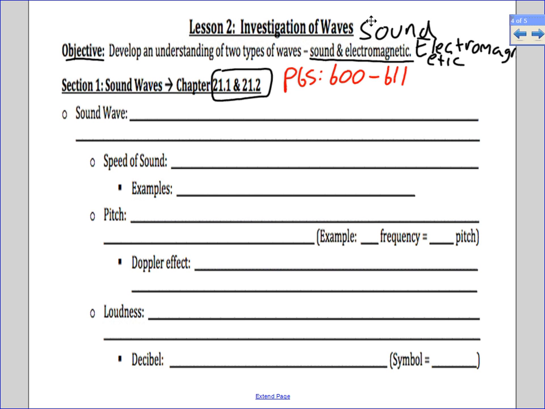And the first thing we're going to talk about is a sound wave. And a sound wave is a longitudinal wave that is caused by vibrations and that travels through a material medium.